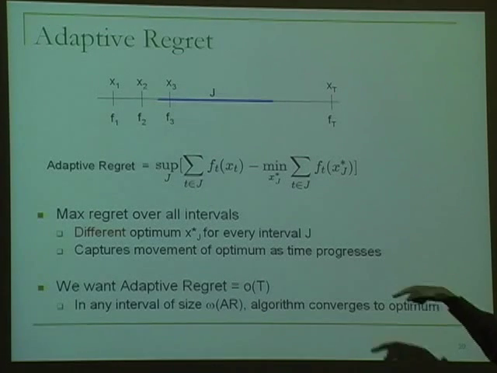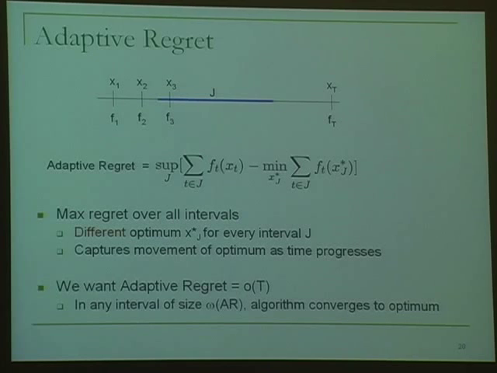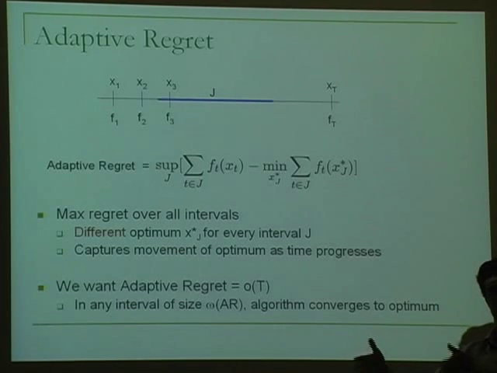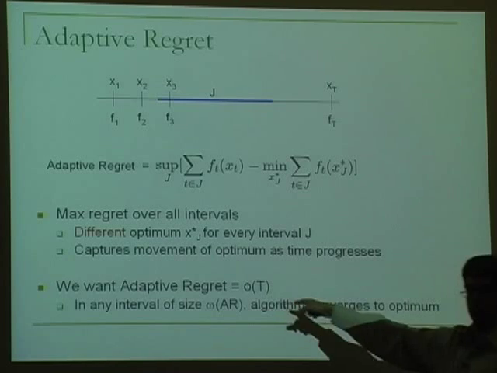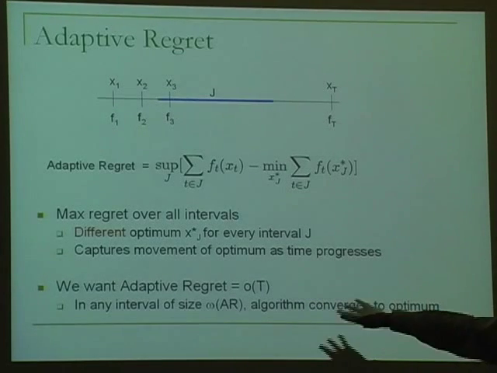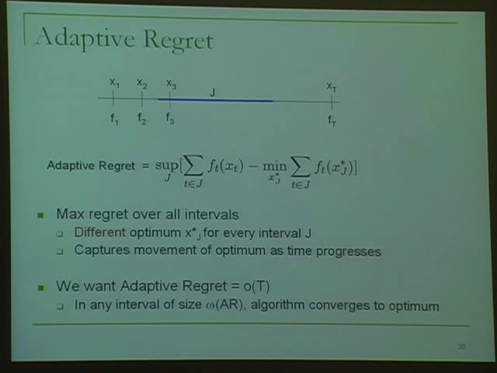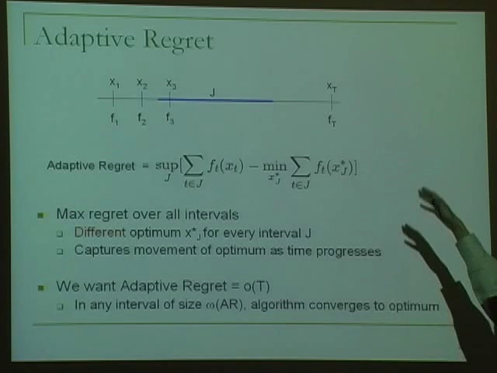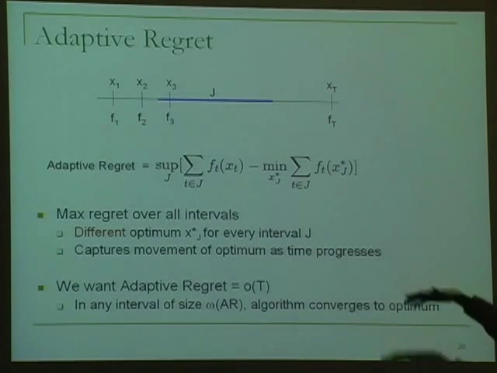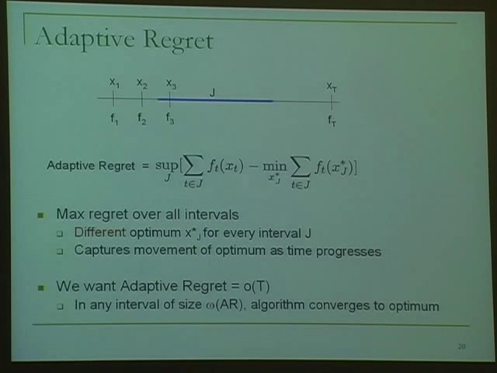This also captures the movement of the optimum as time progresses, because you can take any chunk of time, and if you could minimize this, then within that chunk of time, you would be competitive with the optimum in hindsight. The game is to get an adaptive regret which is sublinear. What this means is that in any interval of size little omega of the adaptive regret, for example if the adaptive regret was square root t, choose any interval of size greater than square root t, and our algorithm would converge to the optimum in that interval.